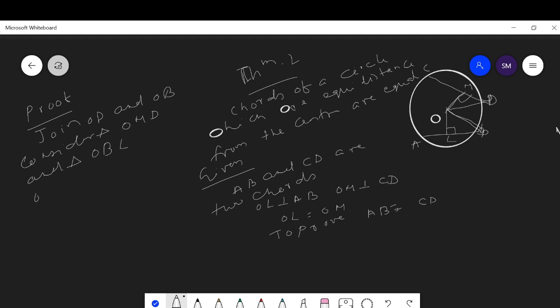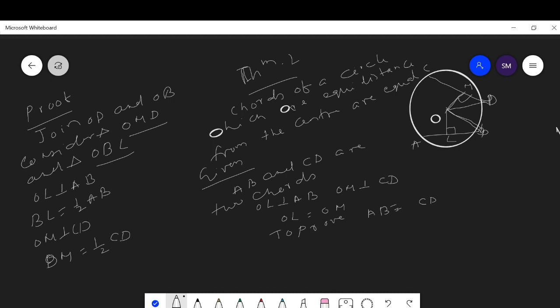As we know that OL is perpendicular to AB, OL bisects AB. This means BL is equal to half of AB. And as OM is perpendicular to CD, it bisects CD. This means DM is equal to half of CD. Consider the triangles OBL and OMD.